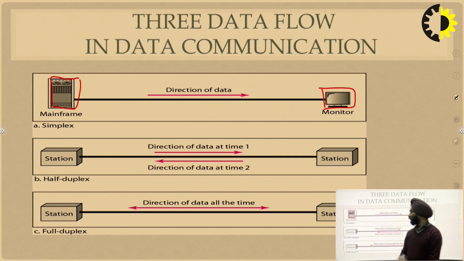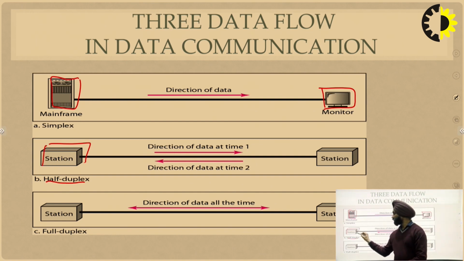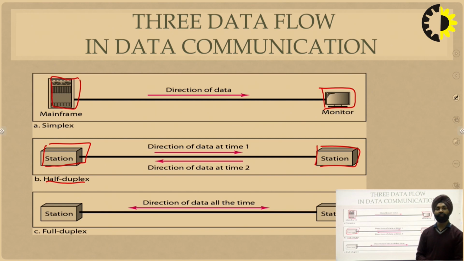Then second is half duplex, where two stations are there and both can communicate, but one transmits at one time and the second station transmits at another time slot. At the same time, both will not be transmitting.